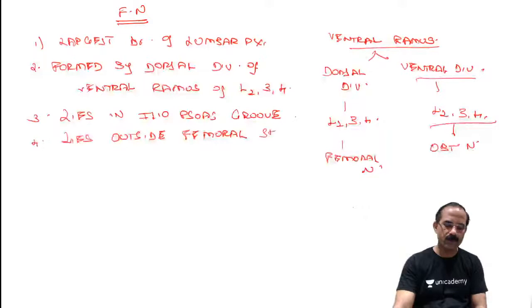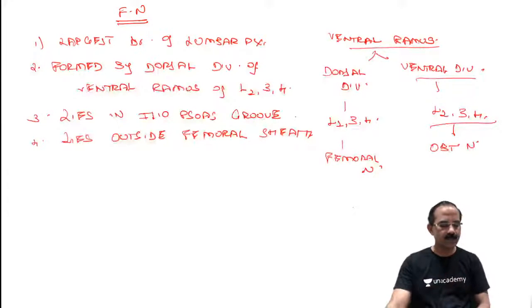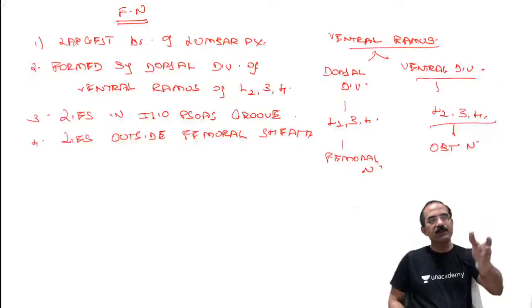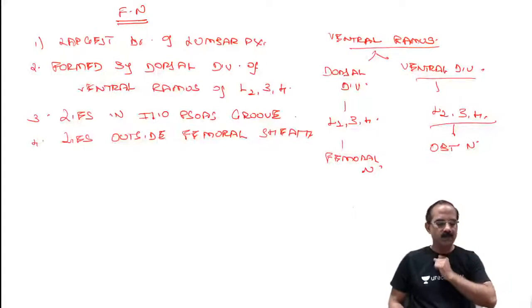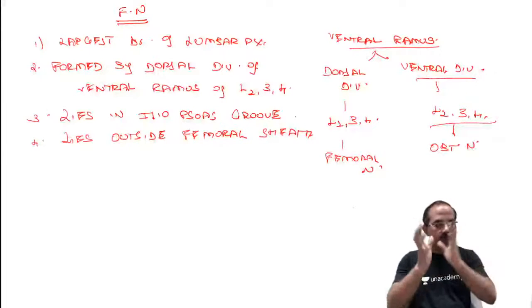What happened? Didn't understand? Are you following this or no, all of you? That's why I'm asking in between. Is this clear or no? So, femoral nerve is the largest branch of lumbar plexus. What this lumbar plexus is, we'll discuss later. What is the root value of femoral nerve?